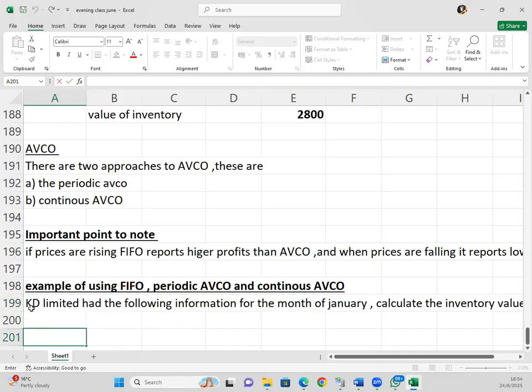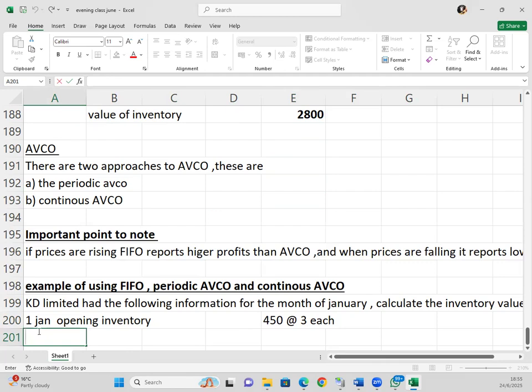So on 1 January, we started with opening inventory of 450 units at $3 each.